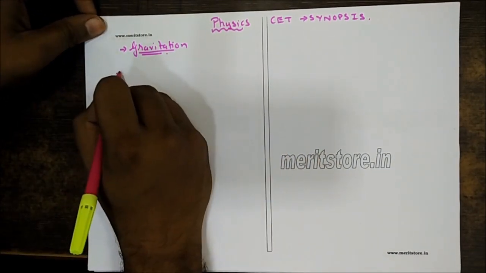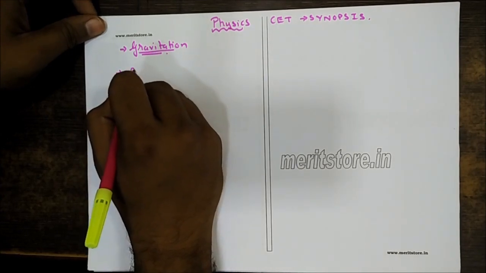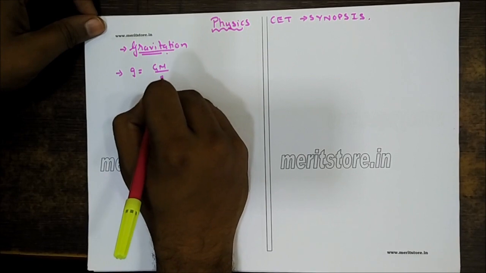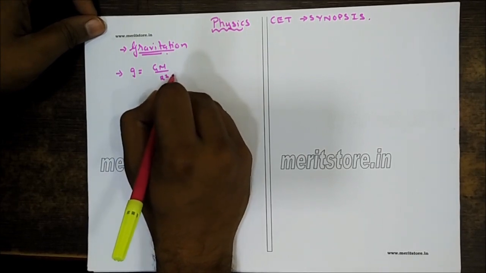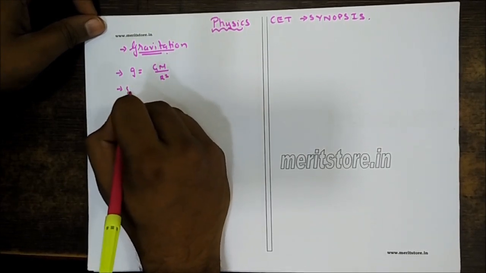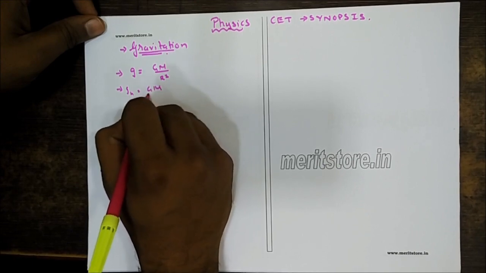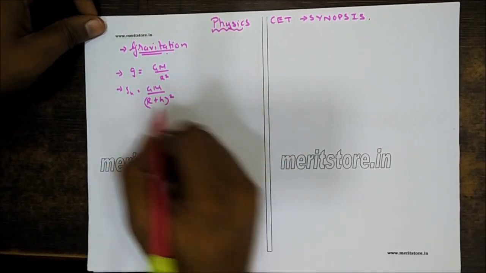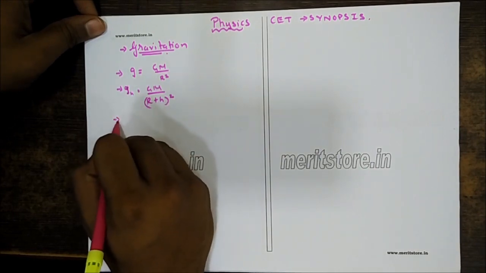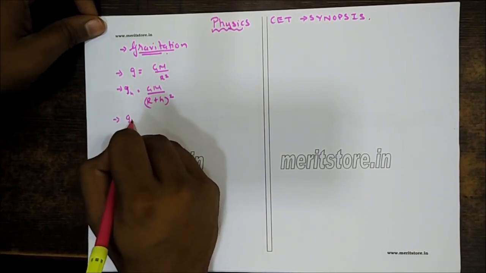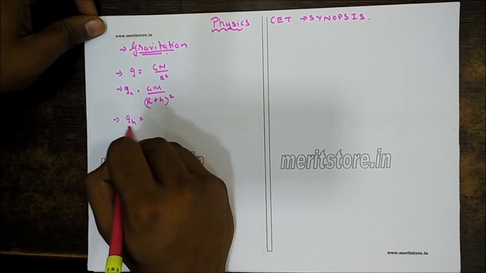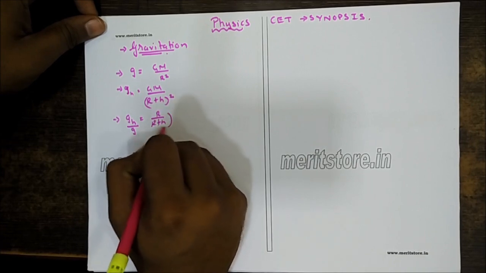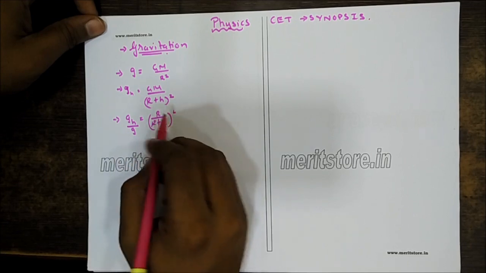So we'll go with acceleration due to gravity, that is g is equal to GM by R square on the surface of Earth. If we need to calculate at a height, this is GM by (R plus h) the whole square. The relation between g_h and g is g_h upon g is equal to R upon (R plus h) the whole square.